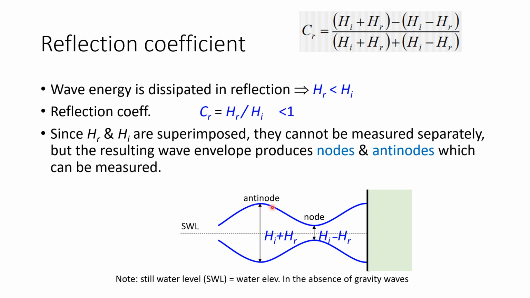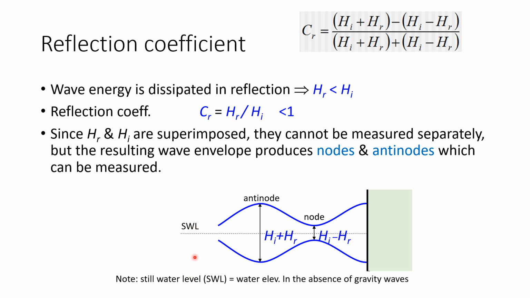If we move the measuring location, we will find a location where the vertical displacement is minimum, so that will be the node. If we move the measuring location again, we will find a location where the vertical displacement is the largest, and that is the antinode.